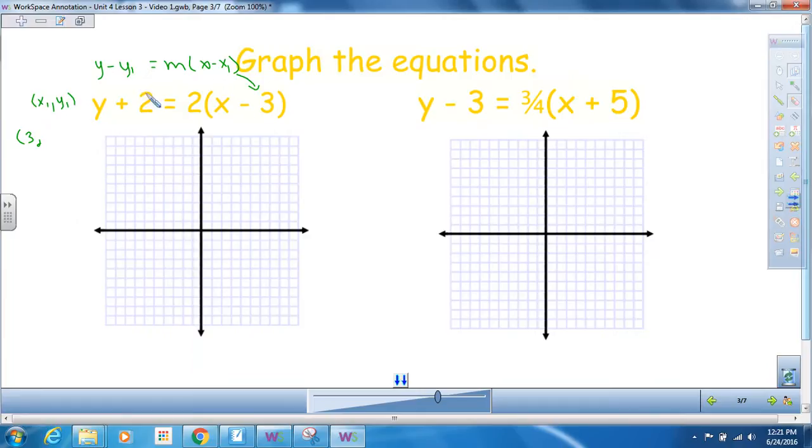And then my y1 would be this spot here, but opposite, so negative 2. Okay? And then my slope is 2, and when I graph, I need my slope as a fraction, so I put it over 1 if it's a whole number. Okay, so I'm going to start at 3, negative 2, and I'm going to use my slope, which is 2 over 1. So I'm going to go up 2, right 1, or I could go down 2 and left 1.